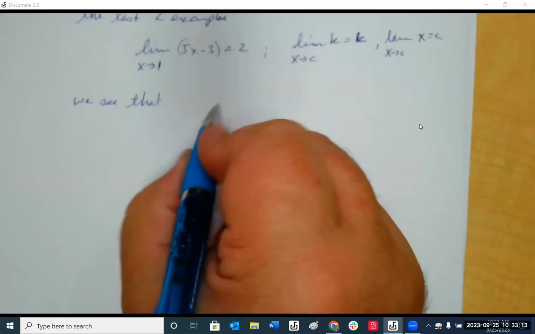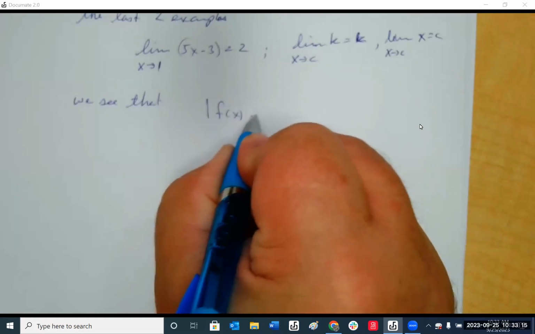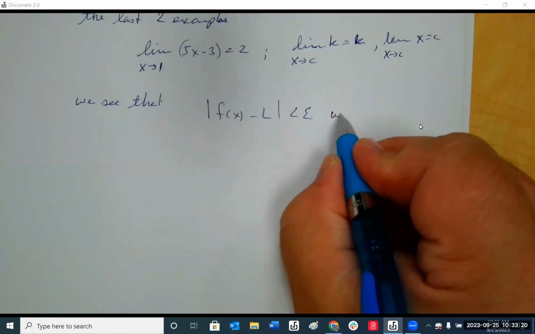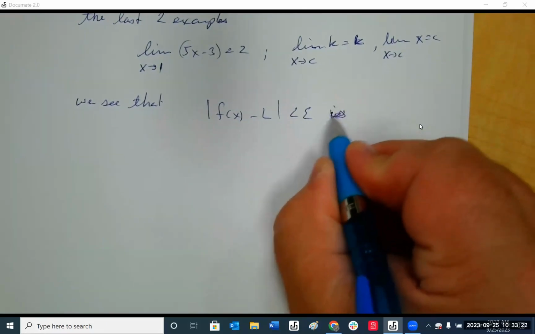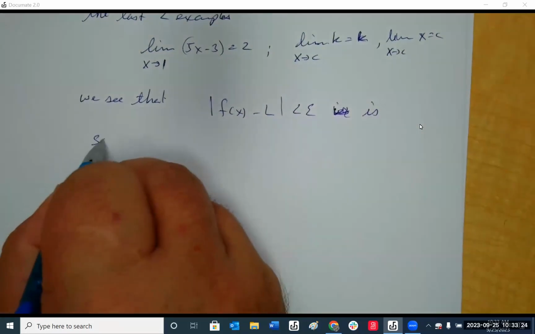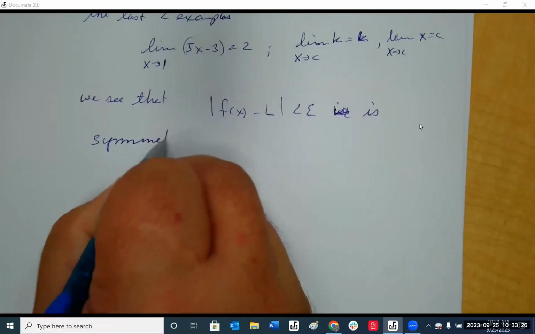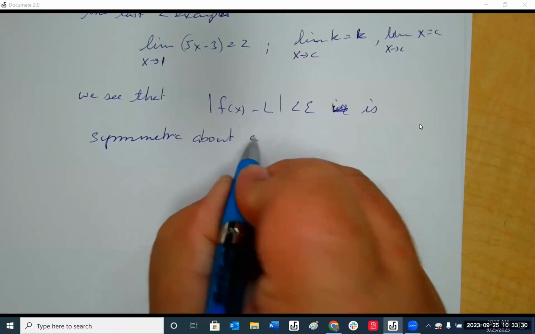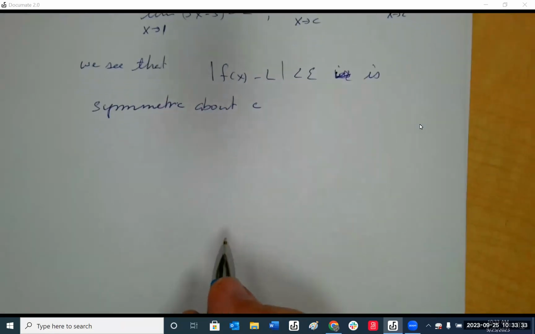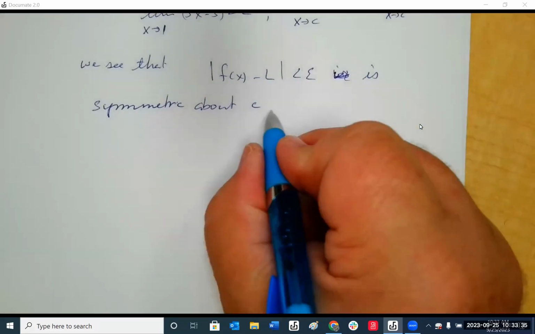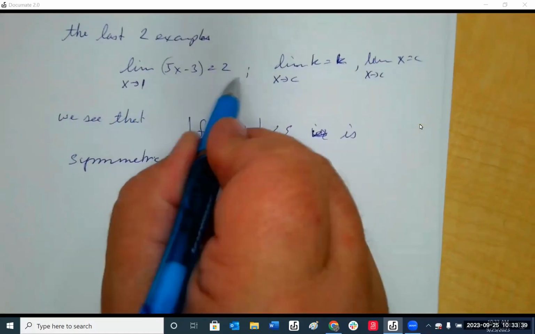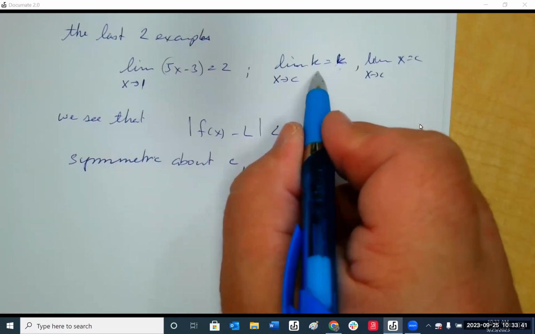We see that our function, f of x minus L is less than epsilon, is symmetric about c. How can we tell that? Because since it approaches specific values, it's a constant.